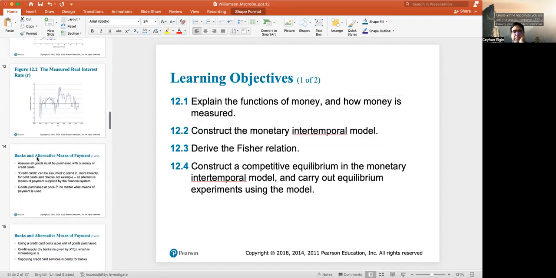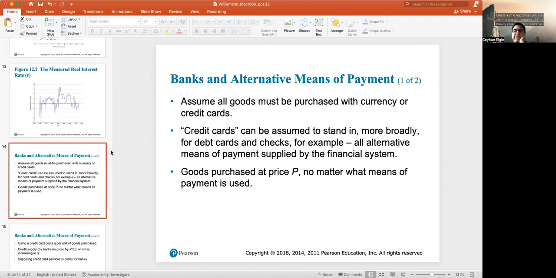Now, the monetary intertemporal model. In order to see the monetary intertemporal model, first we are going to be obtaining the money demand and the money supply curves. But before that, remember, in chapter 11 we have seen the real intertemporal model, where we looked at the equilibrium in the goods market as denoted by the output supply and output demand curves, and also the equilibrium in the labor market as denoted by the labor demand and labor supply curves.